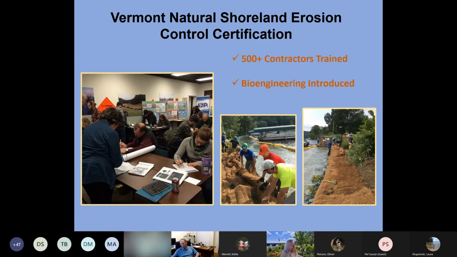The workshops are offered as in-classroom trainings annually in November, and to date, more than 500 contractors have been trained in shoreline best management practices, including introducing them to bioengineering techniques. More than 50 contractors have received hands-on training through the field installation training events.